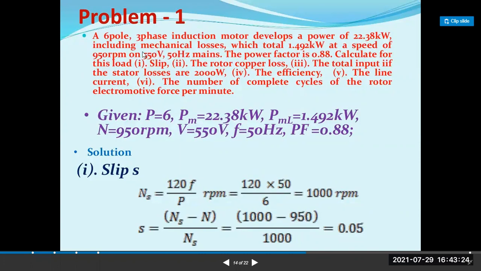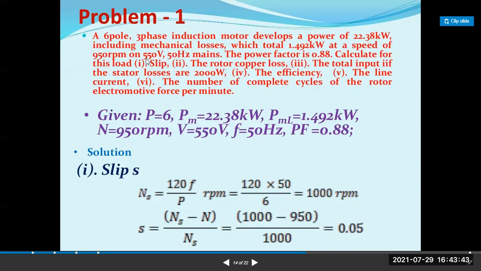The voltage that is given in the numerical, you must take as line voltage. If it is phase voltage, it will be given in the question. If it is not given, then you should treat it as line voltage. This is the supply frequency, that is 50 hertz. The power factor is 0.88, that is cos theta, calculated for this load.